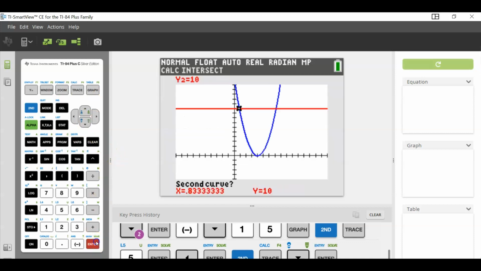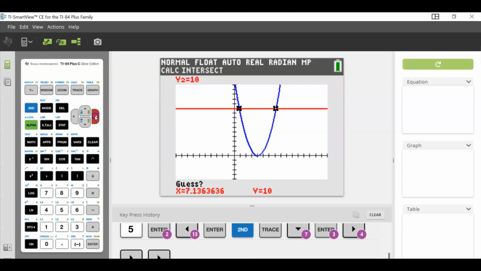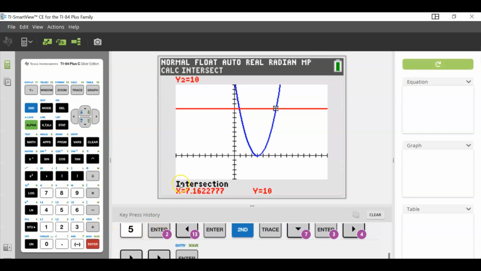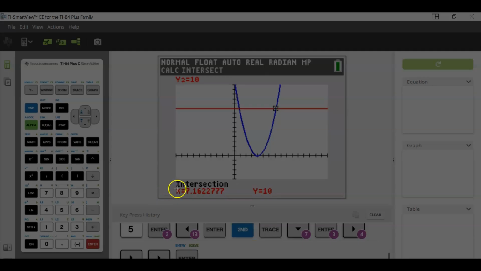Okay, first curve, second curve, and now my guess is going to be over on this one, right there. Okay, and then this one to the nearest would be 716.